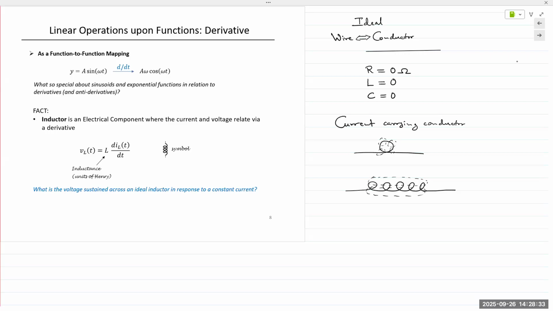And it stores energy. So it establishes a magnetic field. Stores energy in a magnetic field. That is an inductor.